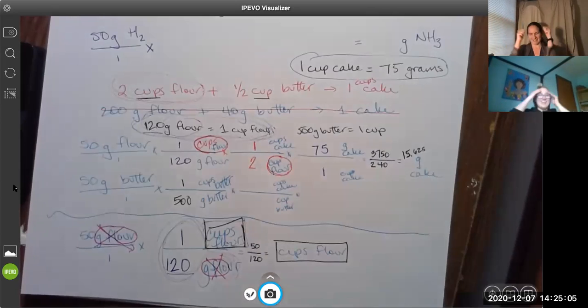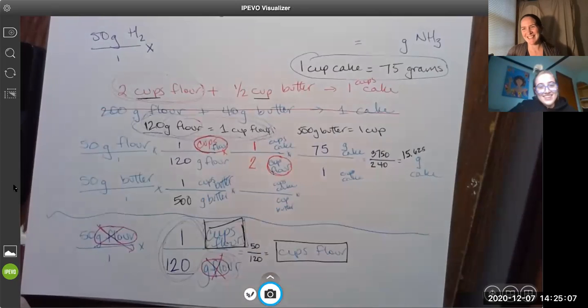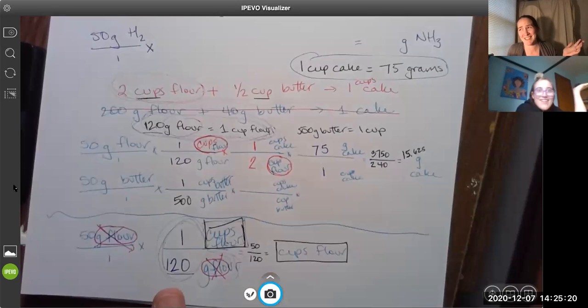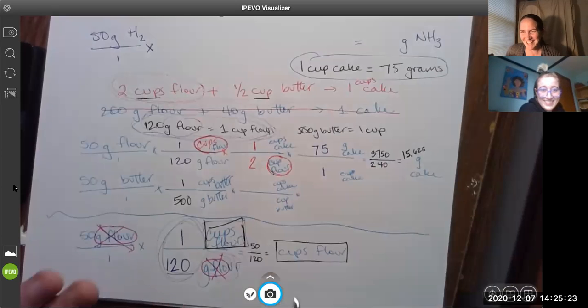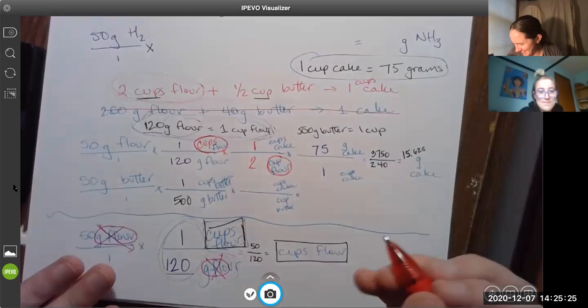Perfect. And how do you find it? Because that's what the recipe calls for. It calls for 1/2 a cup of butter for a cup of cake. Duh. Who doesn't put half a cup of butter in each cupcake? Great.